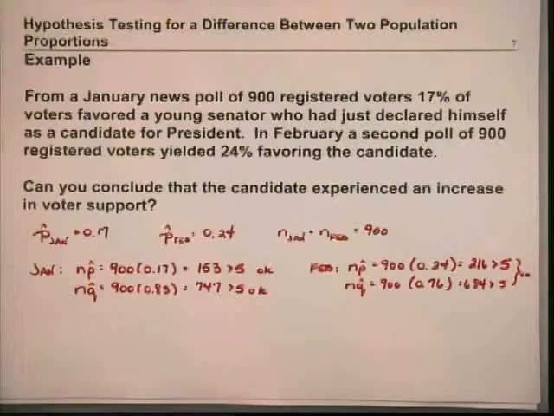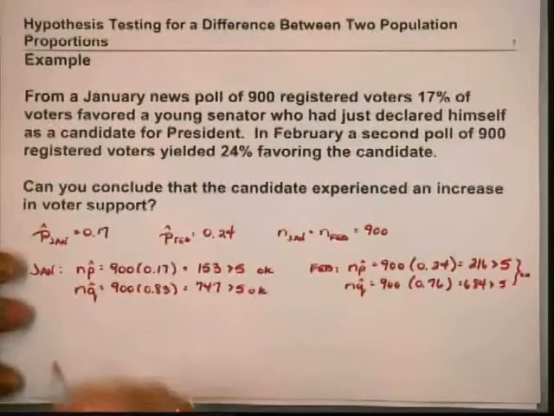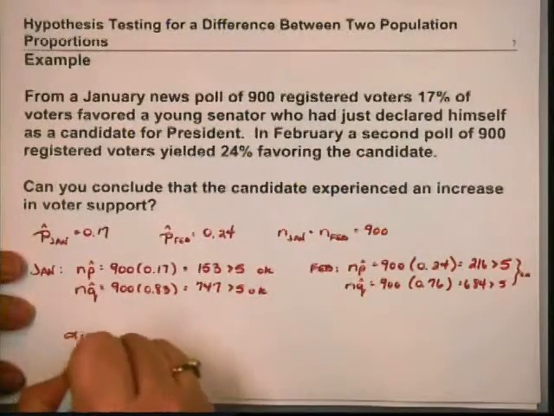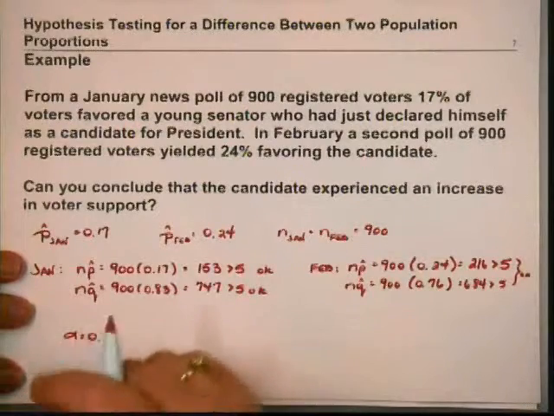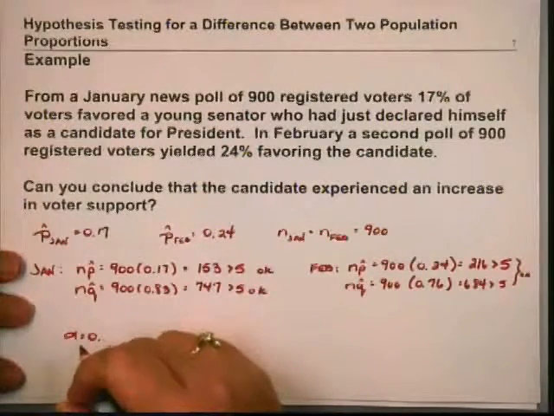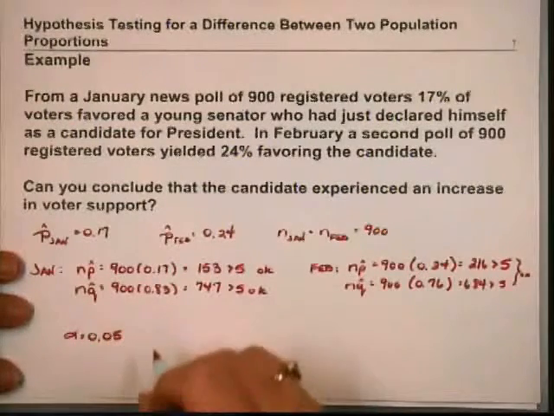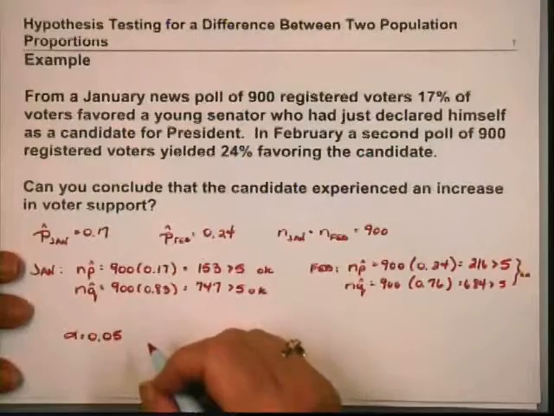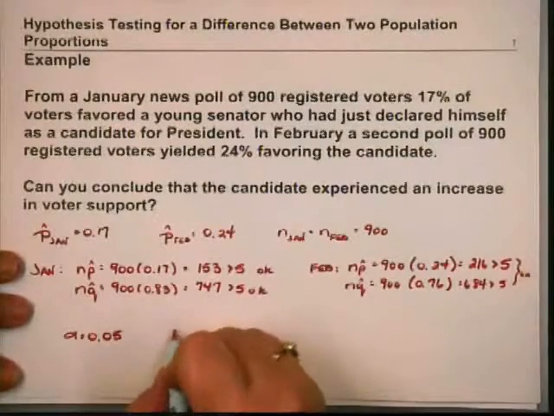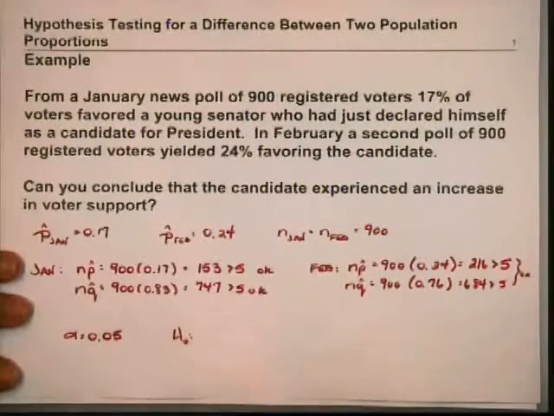Can you conclude that the candidate experienced an increase in voter support? So we need to pick an alpha because one's not given to us, is it? So what do you decide? Just pick. Or 0.05, most typically. All right. So can I conclude that the candidate experienced an increase in voter support?